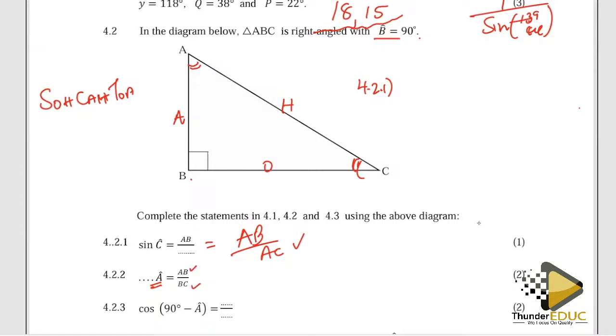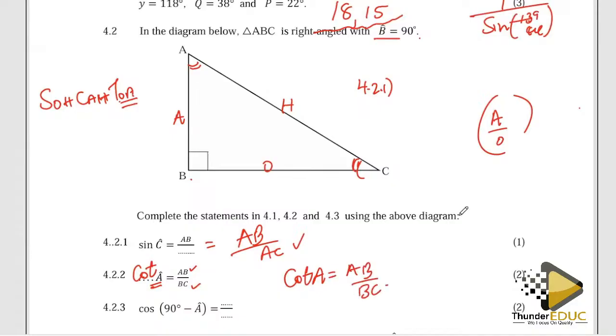The ratio of adjacent over opposite. Opposite over adjacent is the tan, but now this switched around, so this is going to be the cot. So cot of A will be given as AB over BC.